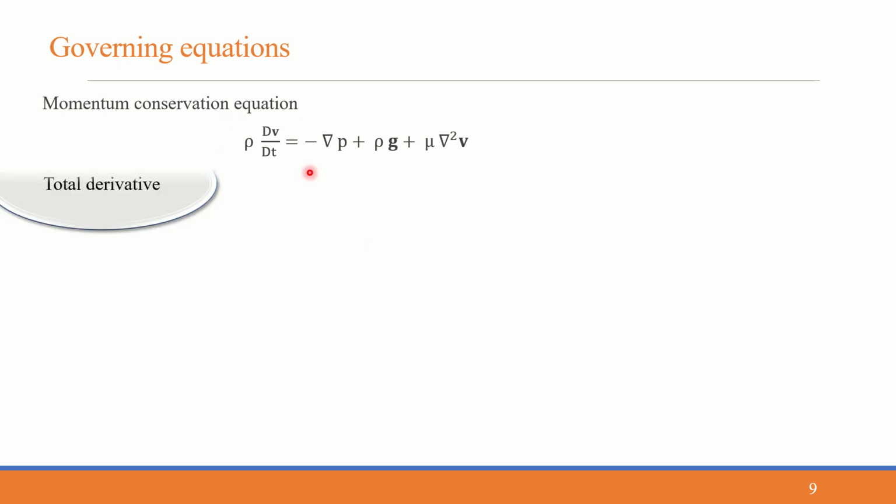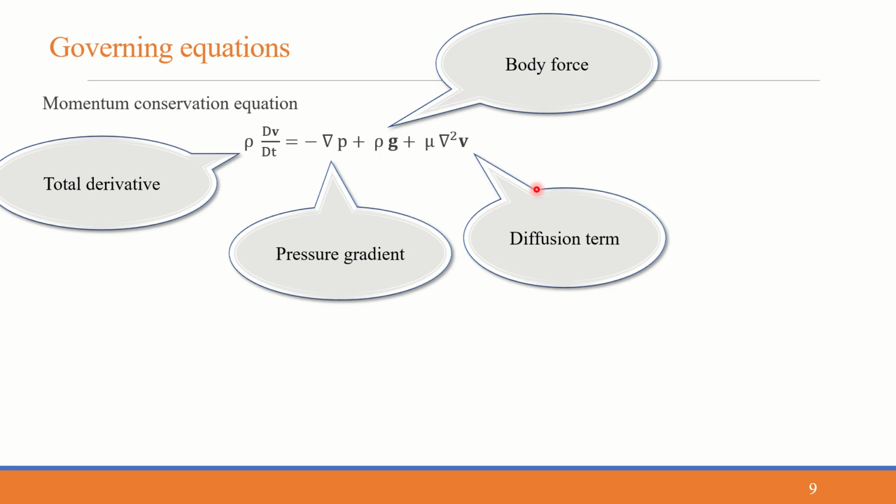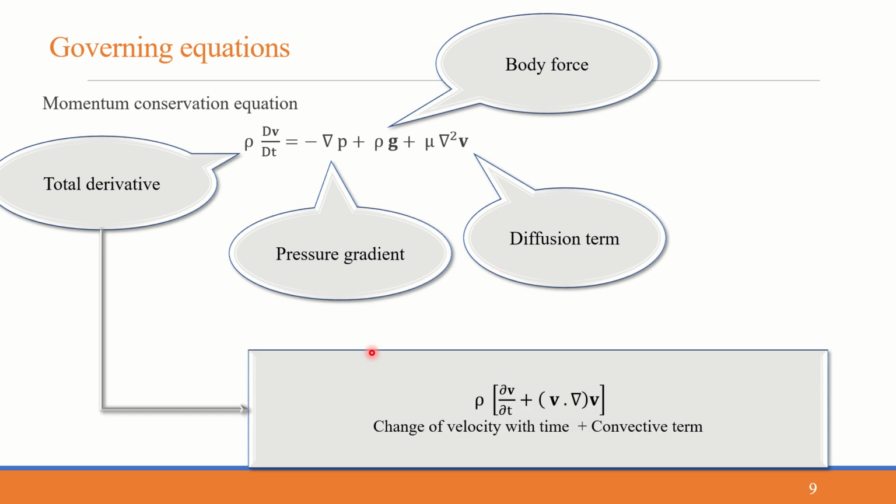The first one is given by the total derivative. We call it the total derivative. This is the pressure gradient term, momentum conservation due to pressure gradient, and this is momentum conservation arising from the body forces, and last it is momentum conservation arising from the diffusion term. So this total derivative actually comprises rho into dou v by dou t plus v dot del v.